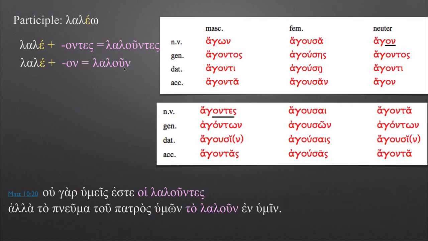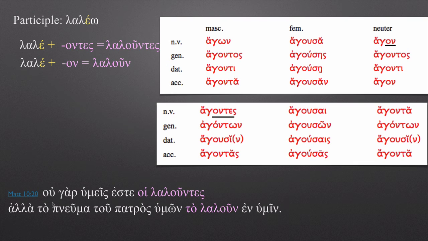So that's a neuter singular participle, that's a masculine plural, and Matthew again conveniently provides us a verse with both of those forms. Jesus says, ou gar hymeis este hoi lalountes. For you are not the ones speaking.